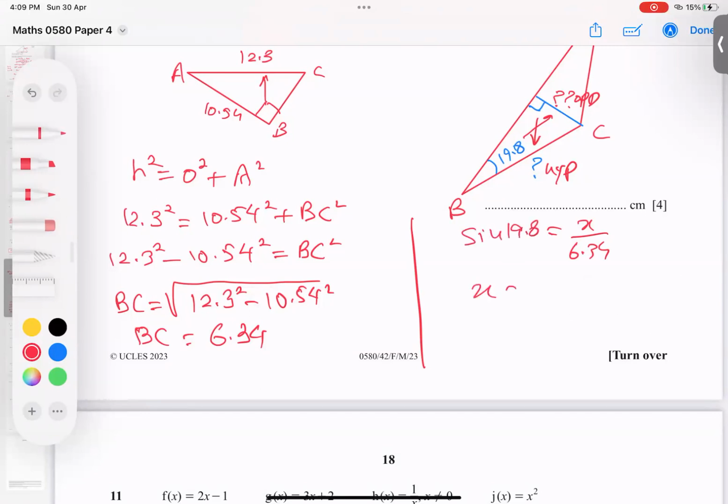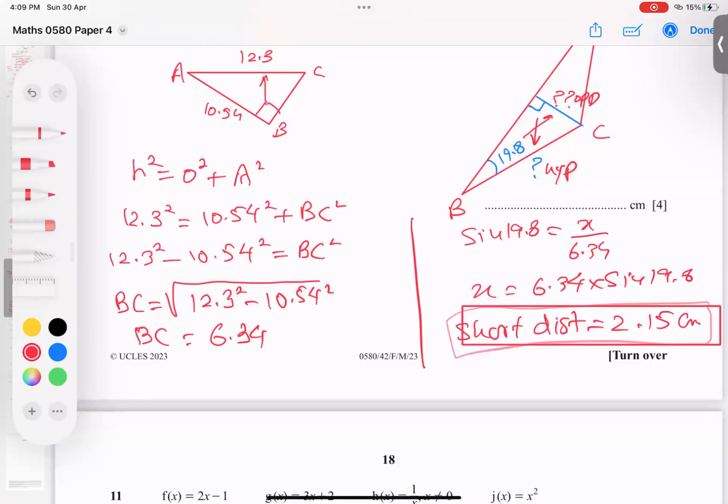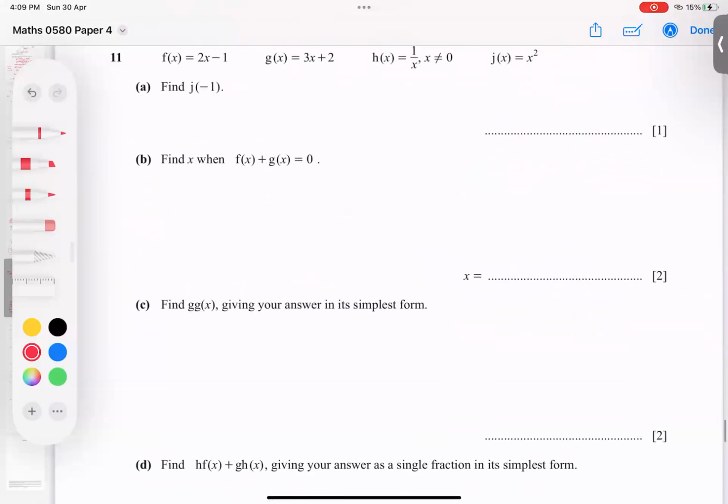So x equals 6.34 times sine of 19.8. So the short distance which I'm looking for is 6.34 times sine of 19.8. Alhamdulillah Rabbil Alameen, 2.15 centimeters is the short distance. I hope this point is very clear, and let's go for the next question.